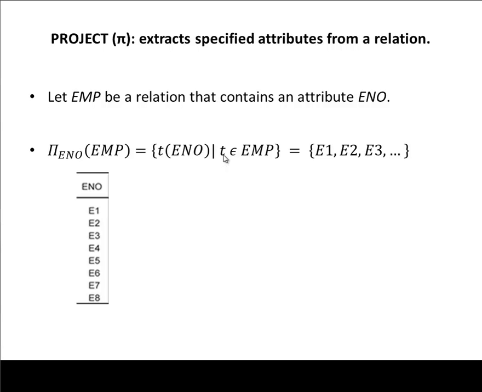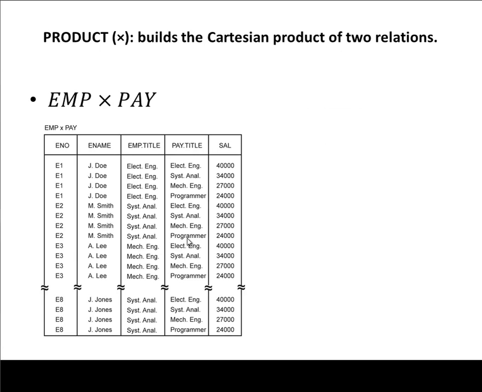We have a tuple that's a member of EMP, and we have 8 tuples that are members of EMP. For each tuple, we return the employee number, ENO, and we can list that in this way. Well, I hope I didn't confuse you too much on that one.